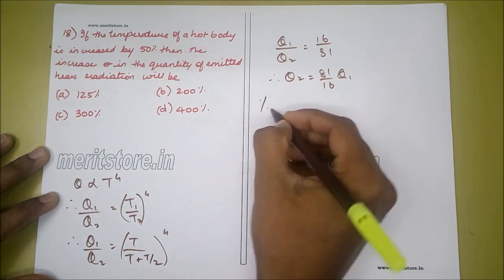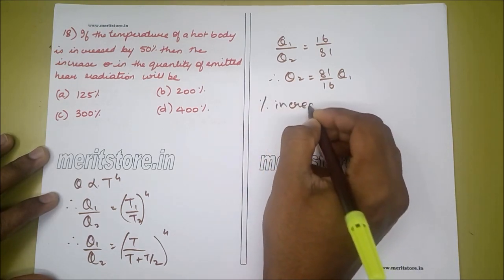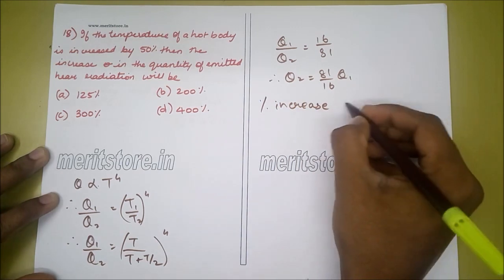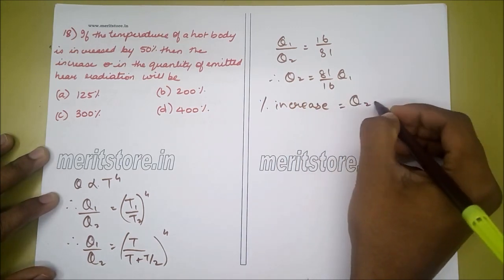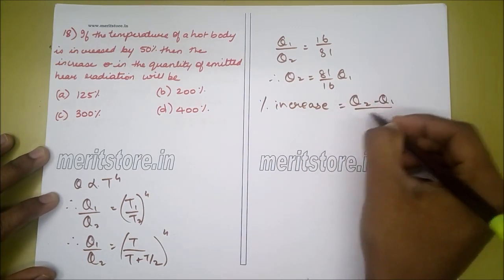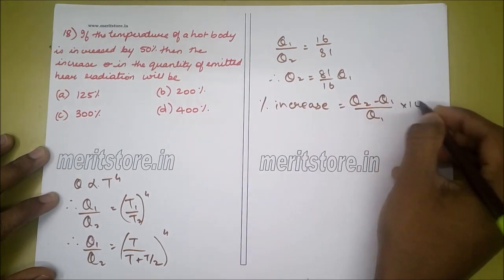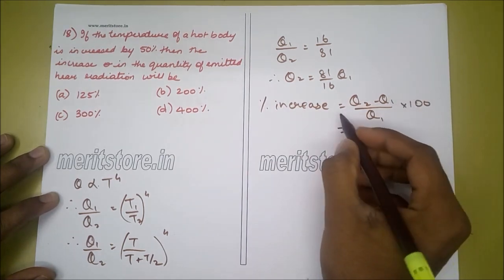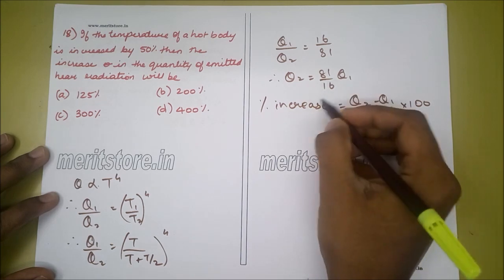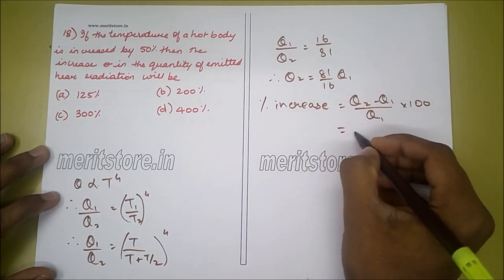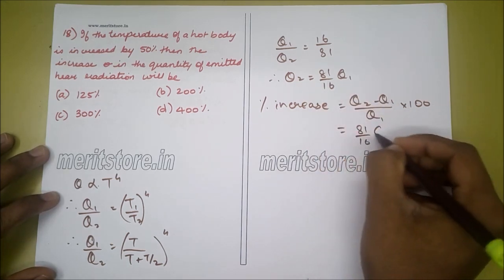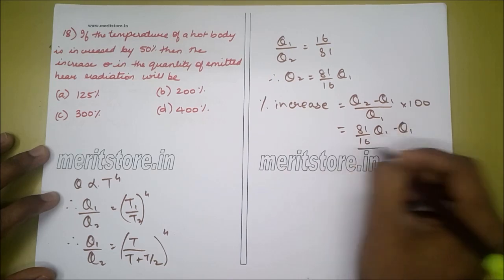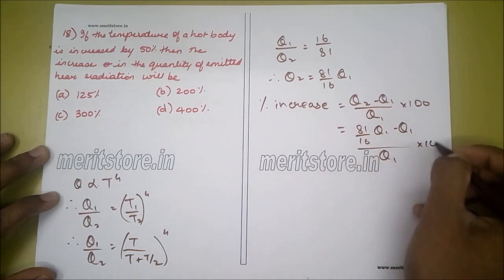Now the percentage increase. For percentage increase, we'll need to solve Q2 minus Q1 upon Q1 times 100. The value of Q2, let's substitute as 81 by 16. So 81 by 16 times Q1 minus Q1 upon Q1 into 100.